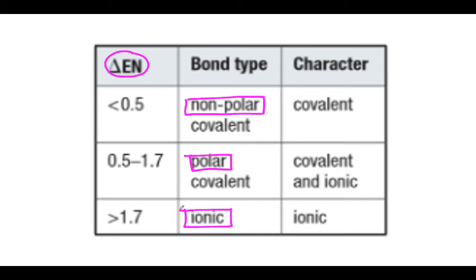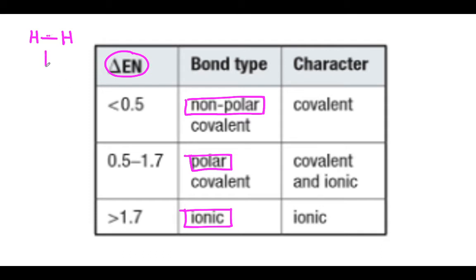Now, what do these terms mean? Say you have a bond between 2 atoms of hydrogen. Since they are both the same element, the electrons are shared very equally. The strength that this hydrogen has to attract the electrons is exactly the same as this hydrogen, which means that the electrons in this bond are going to hang out exactly in the middle.